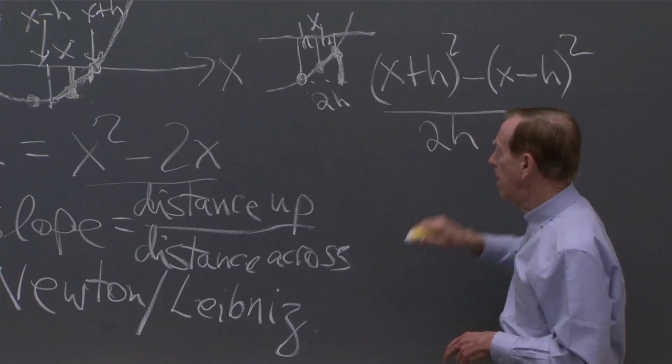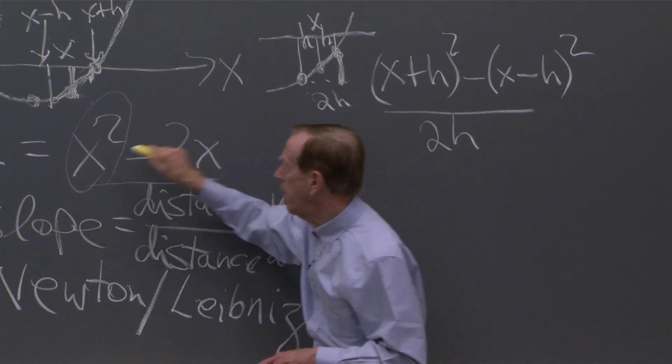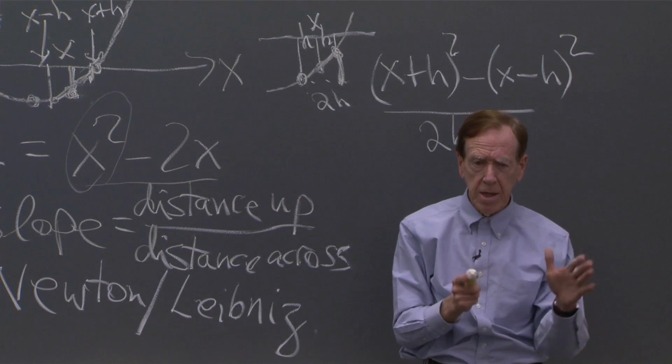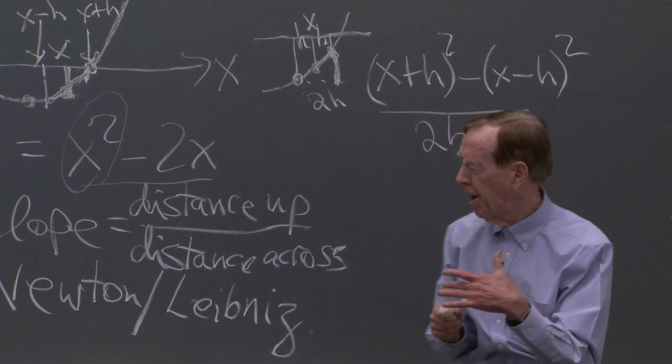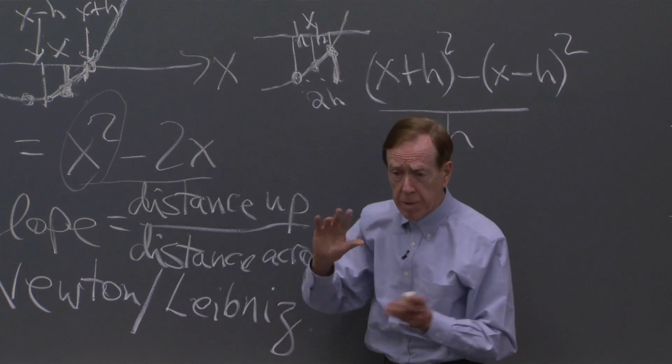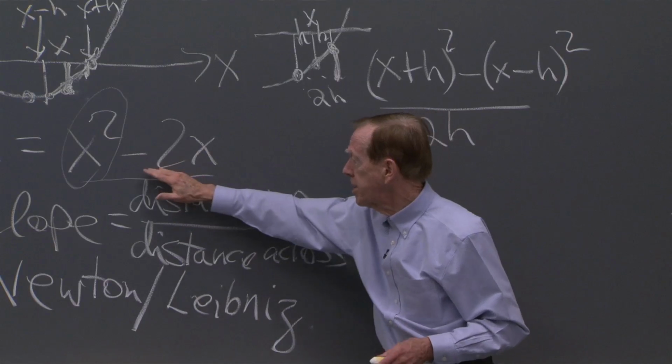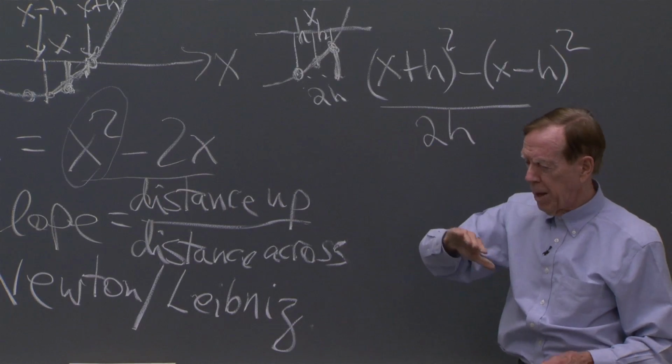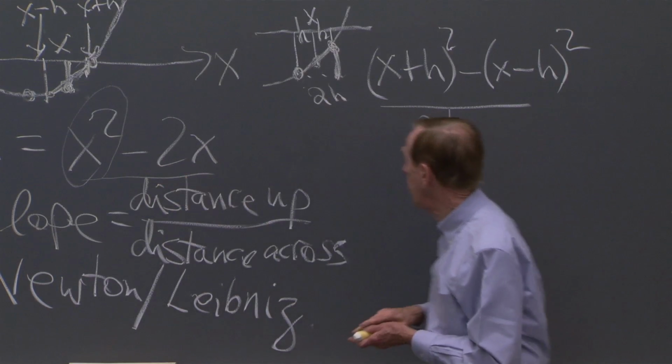I'm just focusing on the x squared first, because that's the part where the slope is changing. The slope here will, as we'll see, just be a fixed number, minus 2, because that's a linear term. That's not changing, but the slope here is changing.